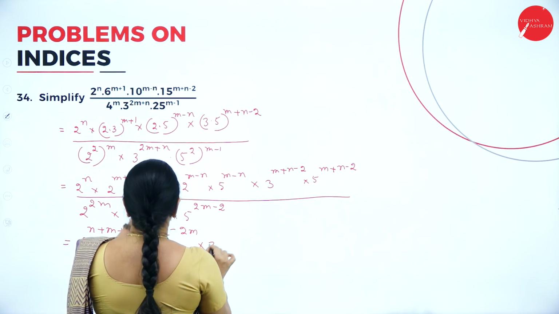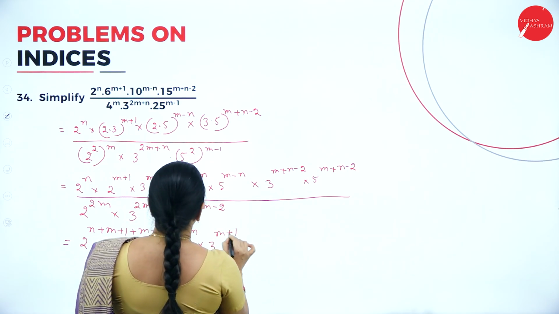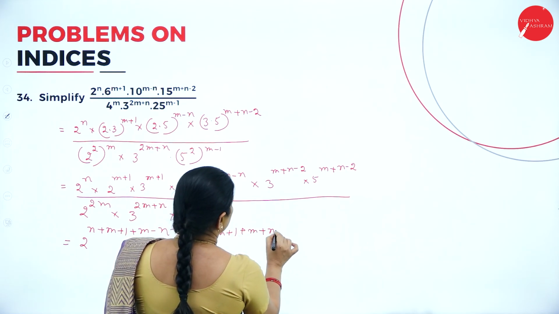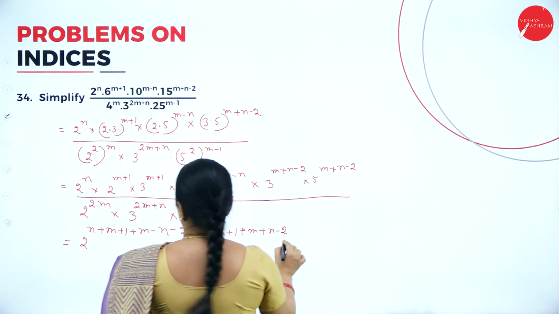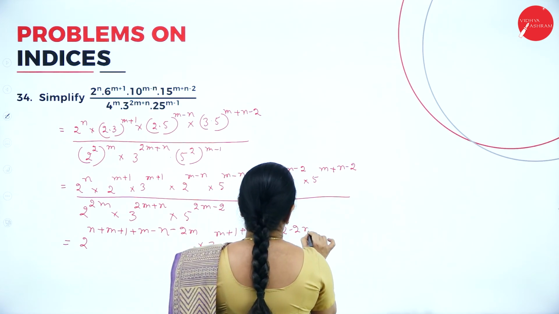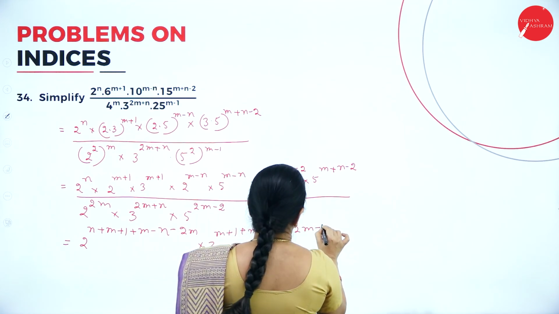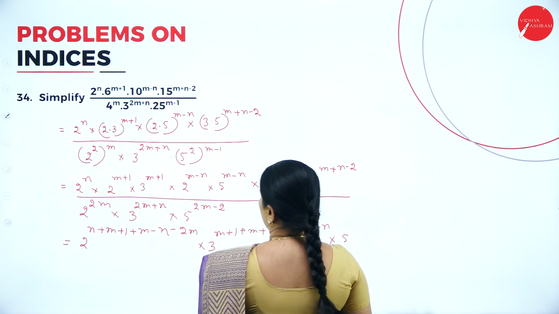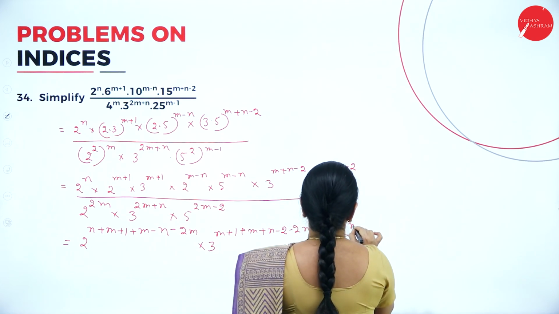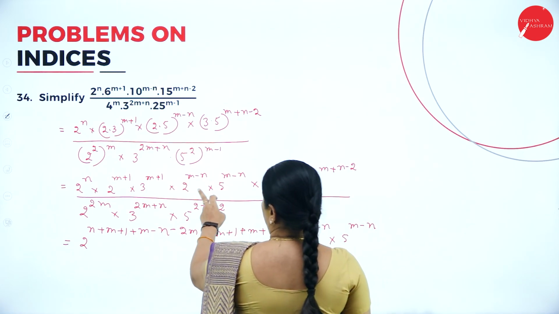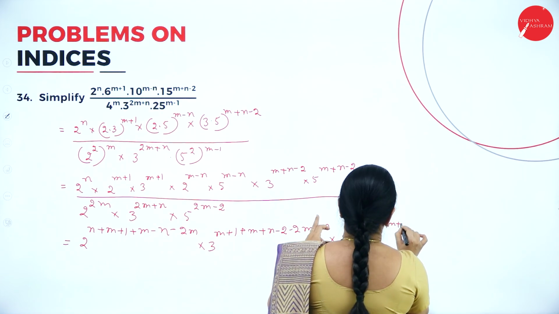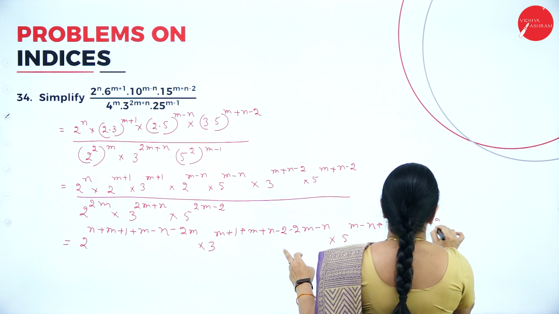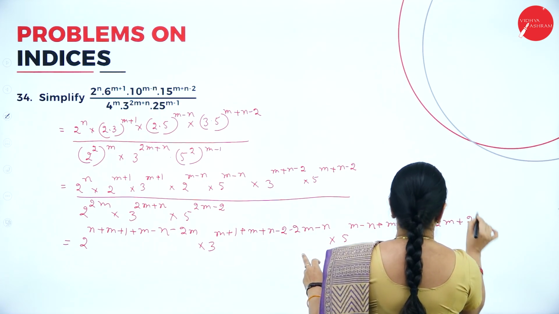So 3 to the power of m plus 1 plus m plus n minus 2 minus 2m minus n. Then next for base 5, I will get m minus n plus m plus n minus 2 minus 2m plus 2.